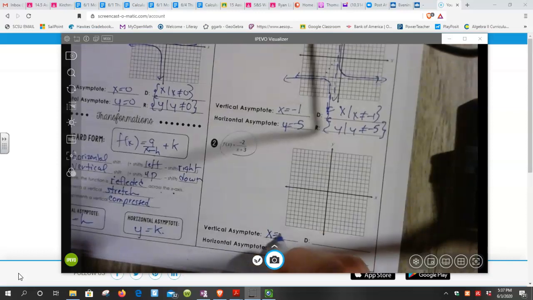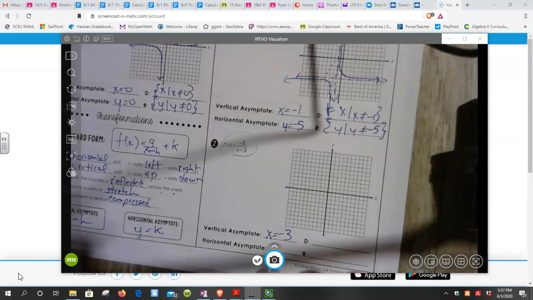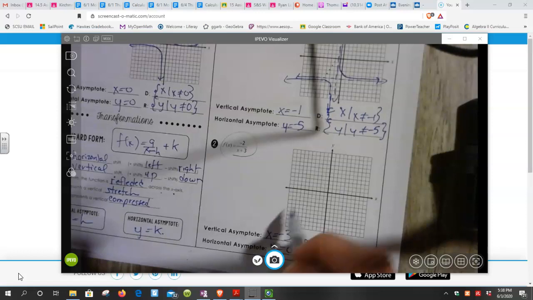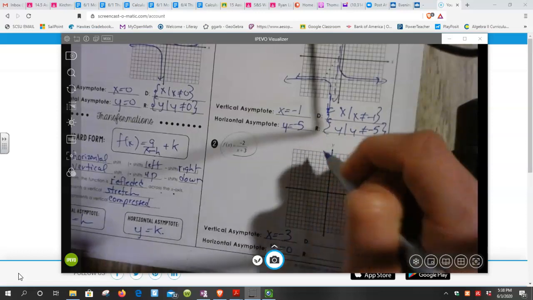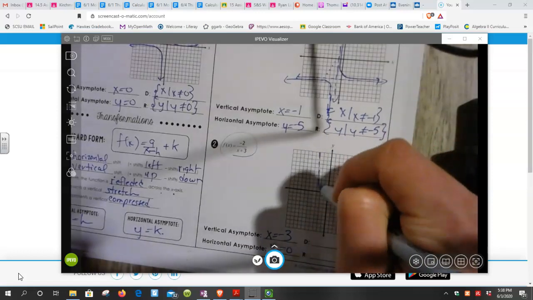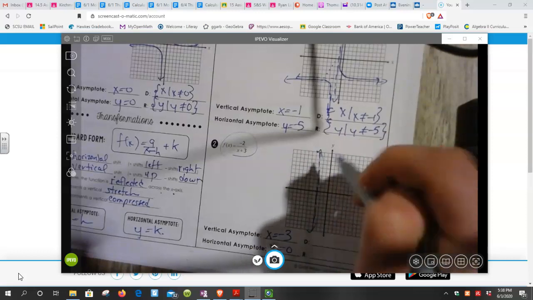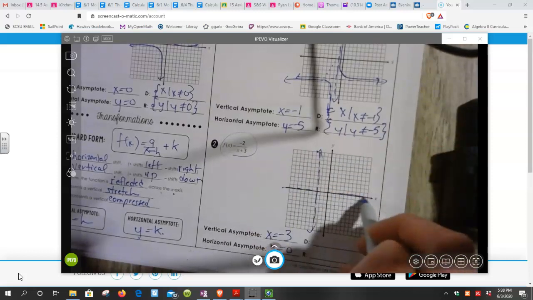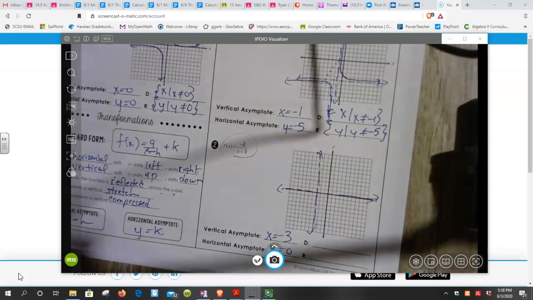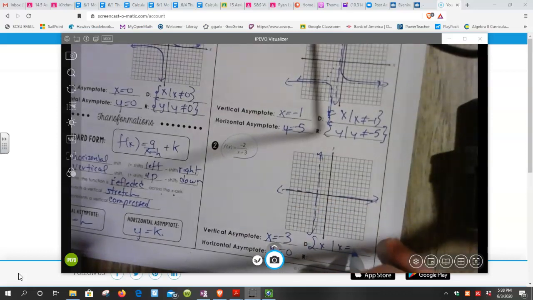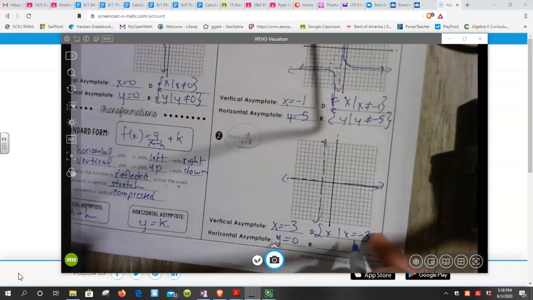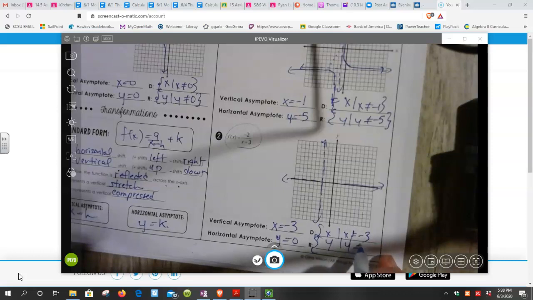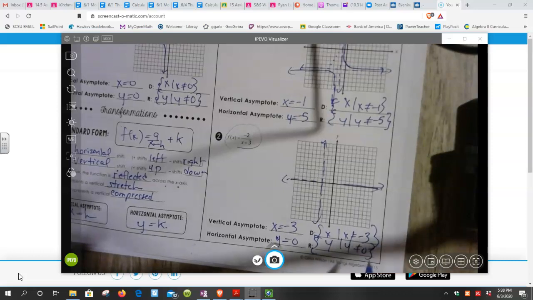So x is equal to -3, and k is 0 in this case, so y equals 0. All right, we got that, and our domain is going to be x such that x does not equal -3. And our range is going to be y such that y does not equal 0.